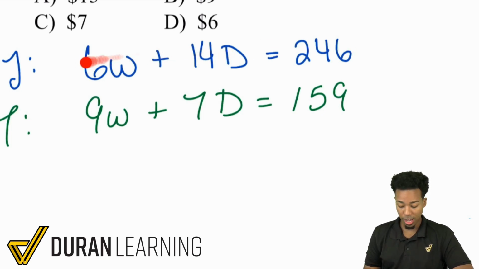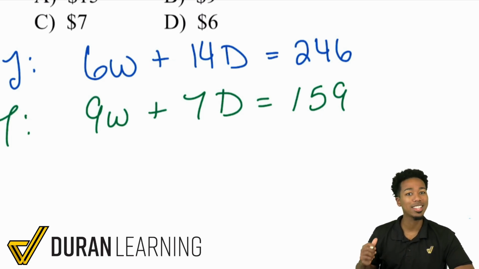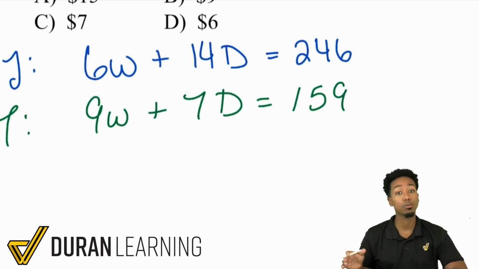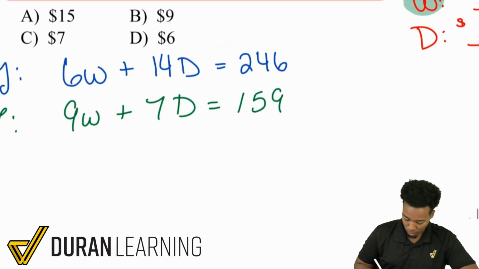You can divide the top one by 2, or you can multiply the bottom one by 2. You can divide the top one by 2 because 14 divided by 2 is 7, and all of these are even. So if you wanted to deal with smaller numbers, you absolutely could. I'm actually going to do that because in the previous video I had the same options, but I chose to multiply instead. But I'm going to show you how to get this done, again, in the easiest way possible.